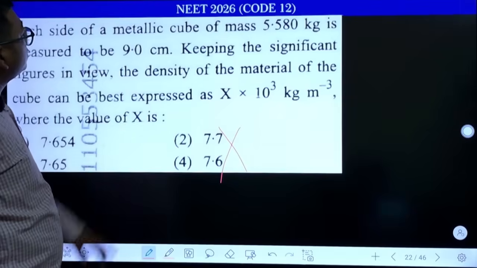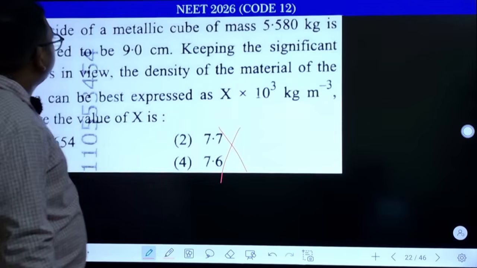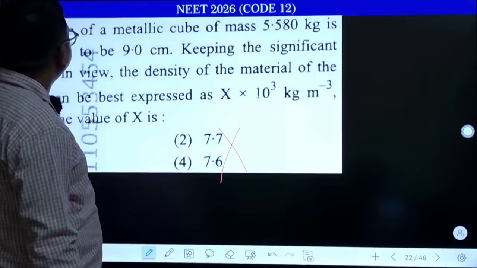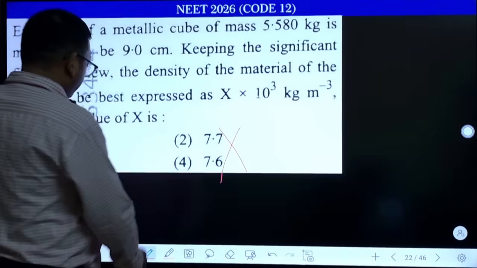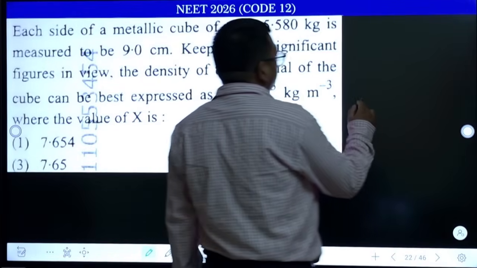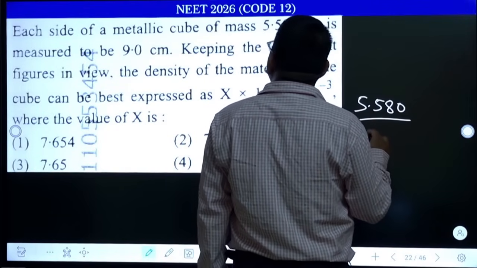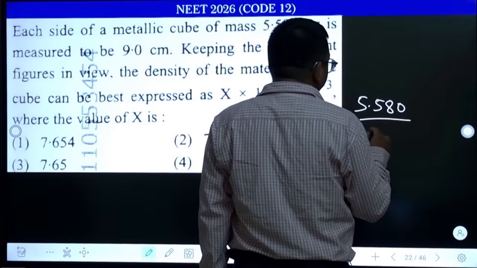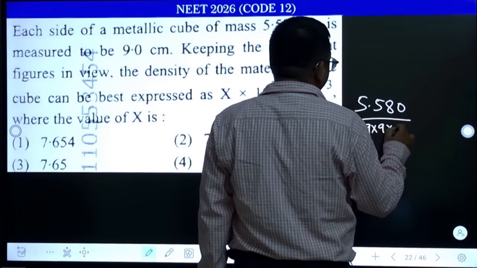Then who will do this calculation, because density is mass by volume? Can we do this calculation? Rough estimation. Mass is 5.580 by volume. Side cube 999, 9 into 9 into 9.